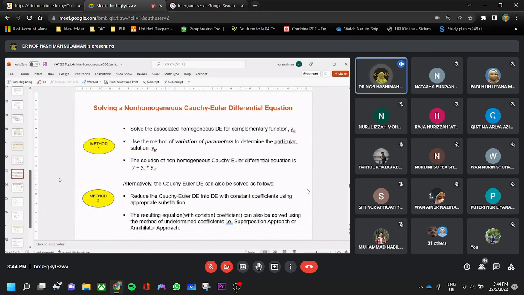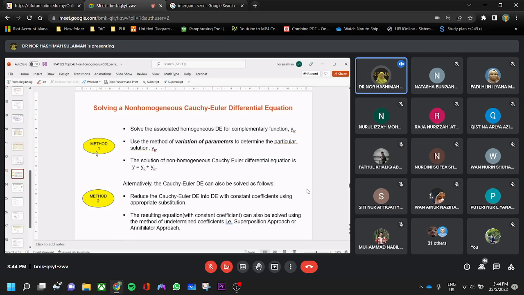Alright, so yang tadi kita selesaikan the homogeneous Cauchy Euler differential equation. So untuk yang ini, the next step is how do we solve a non-homogeneous Cauchy Euler differential equation. Kalau ada non-homogeneous, okay, ada dua method, right?